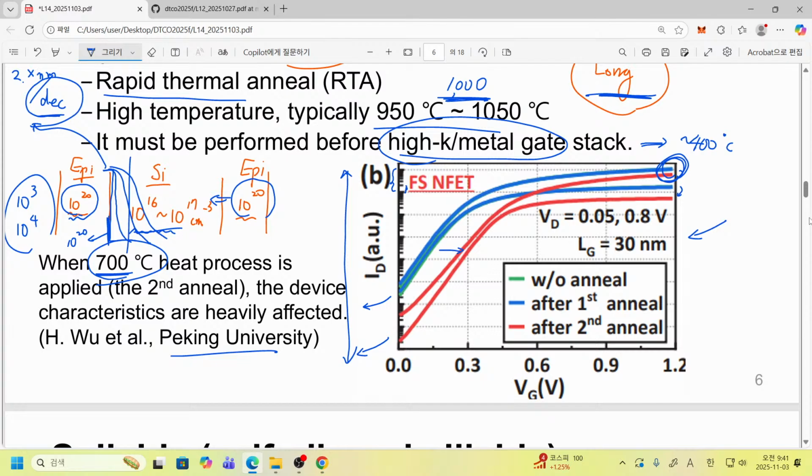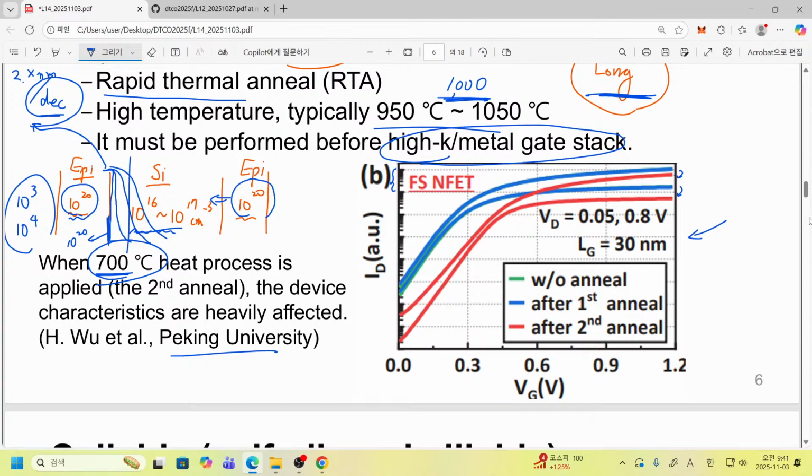Starting from, for example, let's say this is the criterion to take threshold voltage, then you can see that about 0.2 volt difference occurs in the threshold voltage. So simply speaking, there is a rule that you should not apply high temperature once this high-K gate stack is formed.